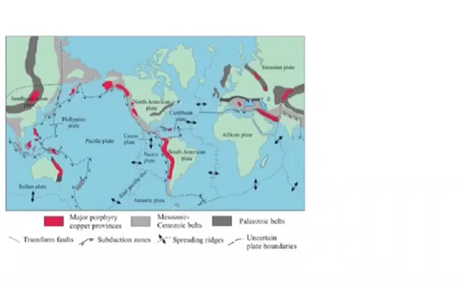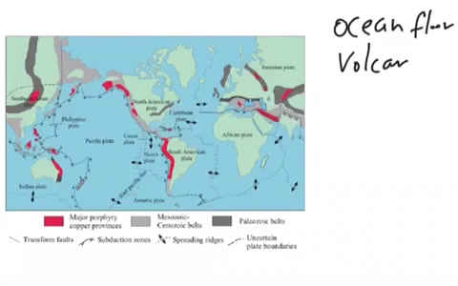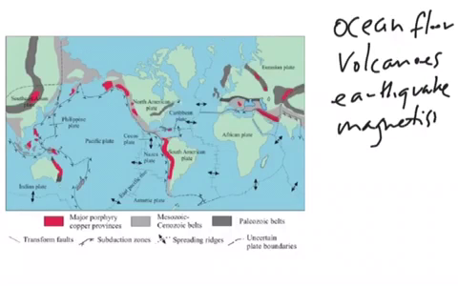The theory was built on information about the nature of the ocean floor and how it forms and how it grows, evidence from ancient magnetism, evidence from the distribution of volcanoes, evidence from earthquake activity, evidence from measuring the flow of heat from the Earth's interior, and also evidence from fossils and how they're spread across the world.